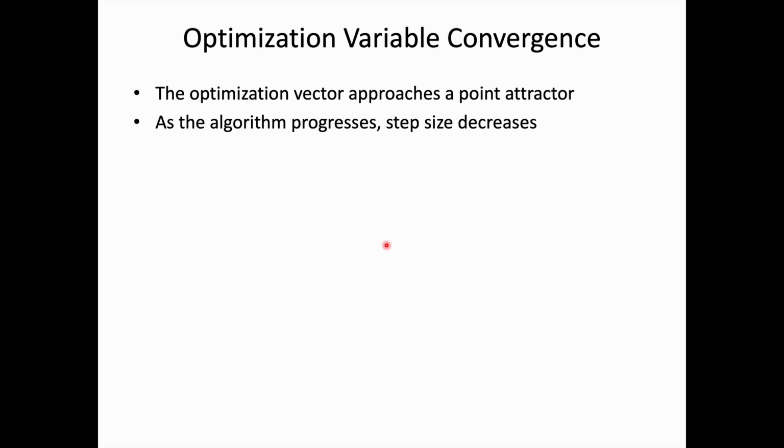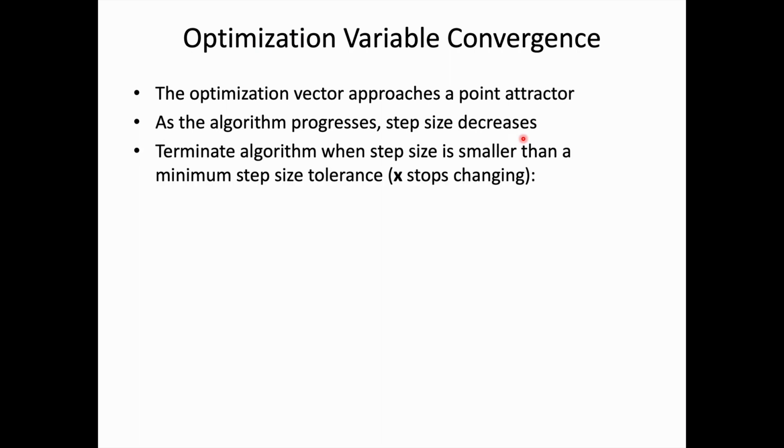Also, another property of convergent algorithms like this is that as the number of iterations increases, the step size decreases. And because the step size is decreasing, that's a property that we can keep an eye on as we are proceeding through an algorithm.